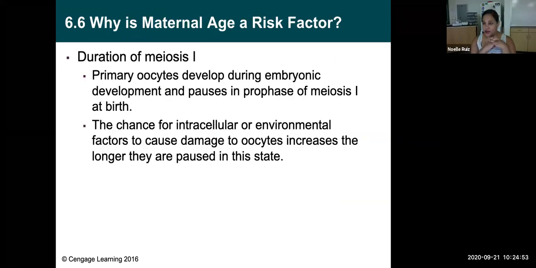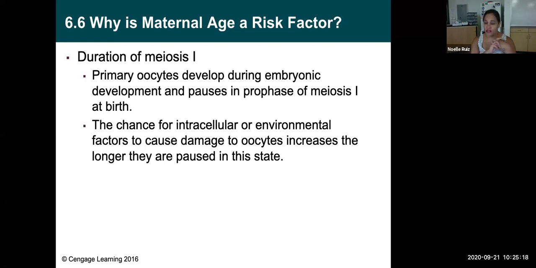Why is maternal age a risk factor? It has to do with how we make our eggs. So primary oocytes, which are our eggs, develop during embryonic development and pause in prophase 1 of meiosis at birth. So us women, we have all the eggs we're ever gonna have, we develop them in utero while we're still embryos in our mother.